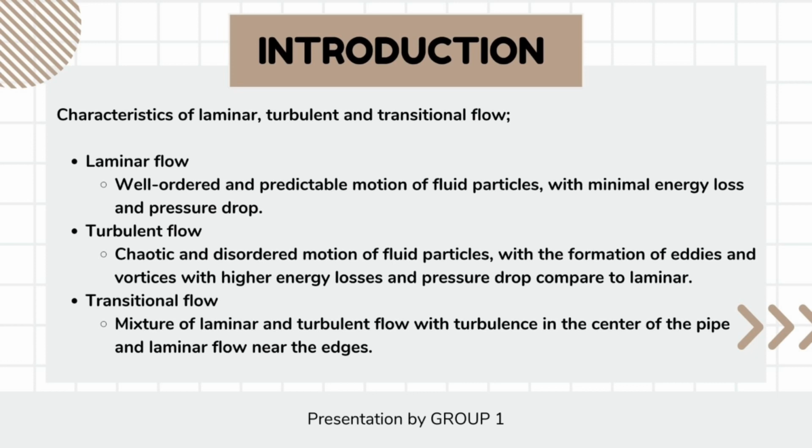It is a chaotic and disordered motion of fluid particles with the formation of eddies and vortices, with higher energy losses and pressure drop compared to laminar. And between those flows, there is transitional flow, a mixture of laminar and turbulent flow with turbulence in the center of the pipe and laminar flow near the edges.